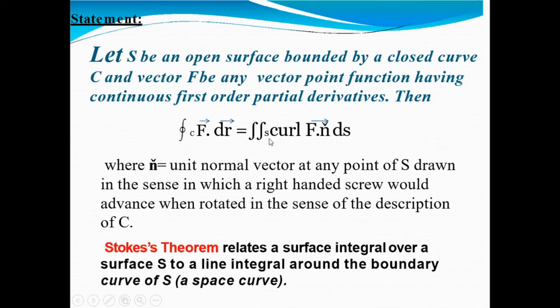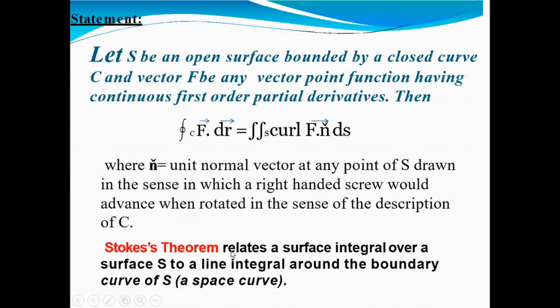Curl F is nothing but del cross F. Here n is the unit normal vector at any point of S, drawn in the sense in which a right-handed screw would advance when rotated in the sense of the description of S.